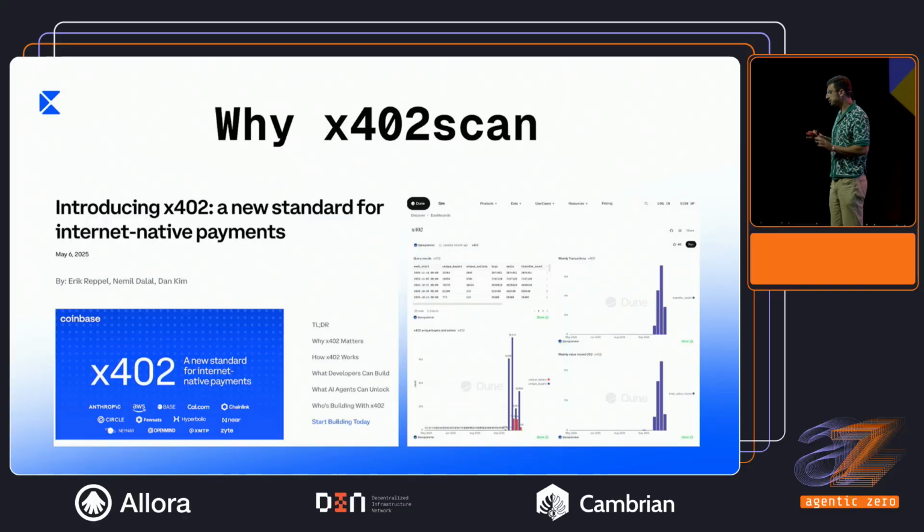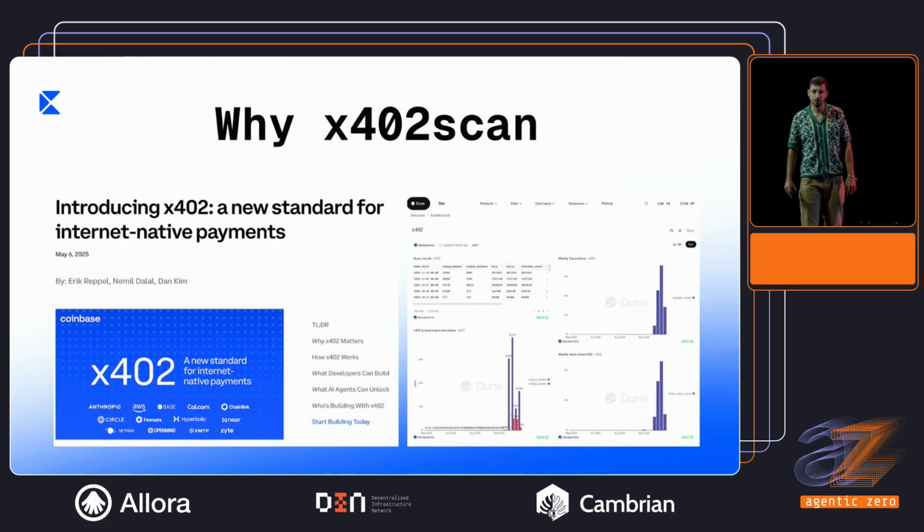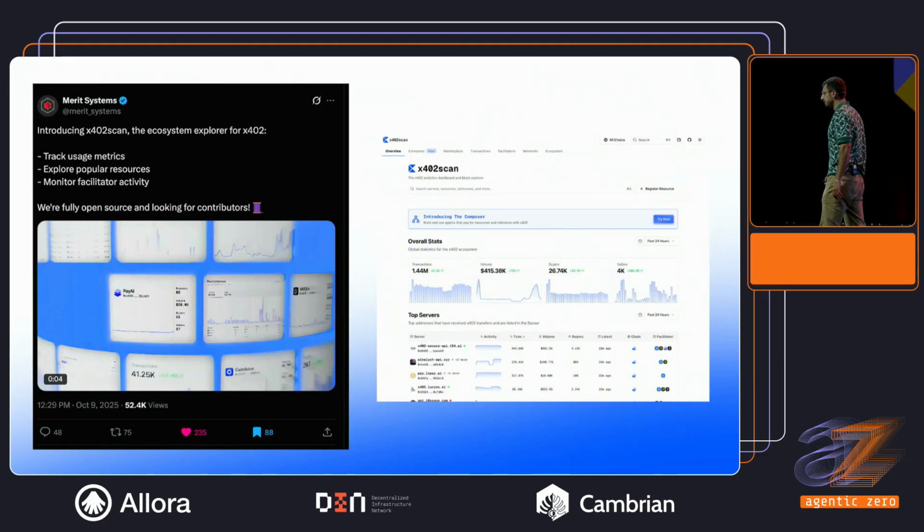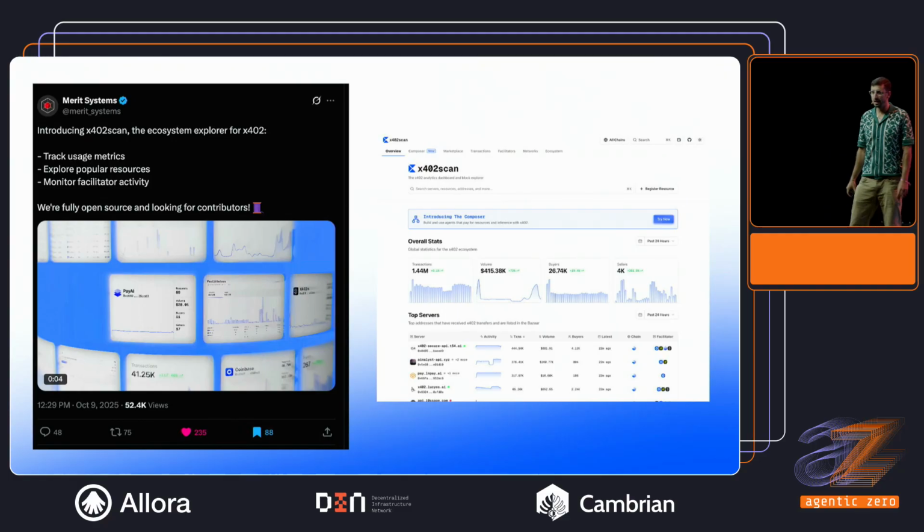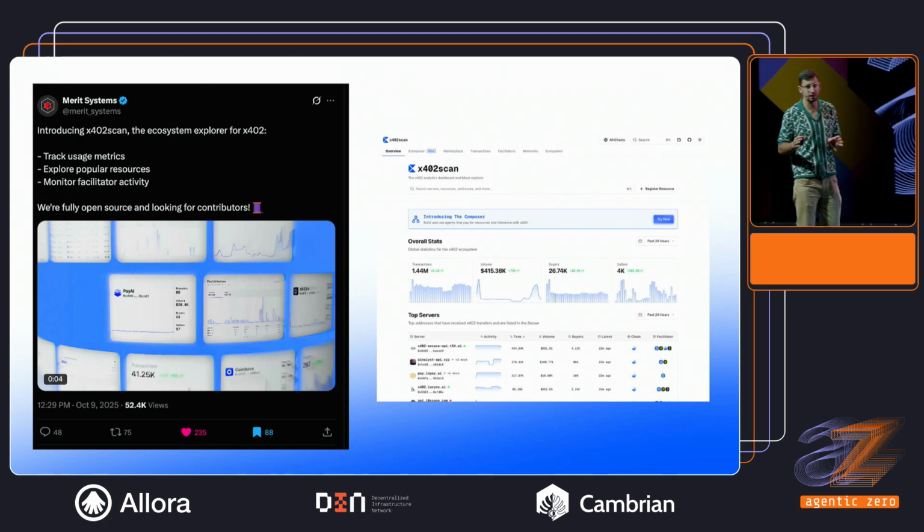There was no central place to play around with x402 resources. There was also no analytics dashboards. There was one Dune dashboard, but not more than that. So this is why we decided to build x402 Scan. We released that in October, and it's basically the home of x402 on the internet.